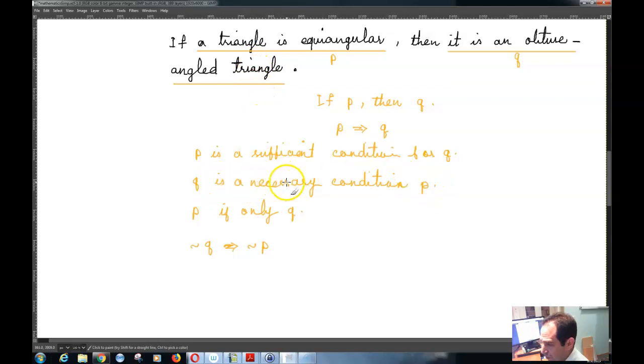Q is a necessary condition for P. P only if Q means that a triangle is equiangular only if it's an obtuse angle triangle. And not Q implies not P means that if a triangle is not an obtuse angle triangle, then it's not equiangular.